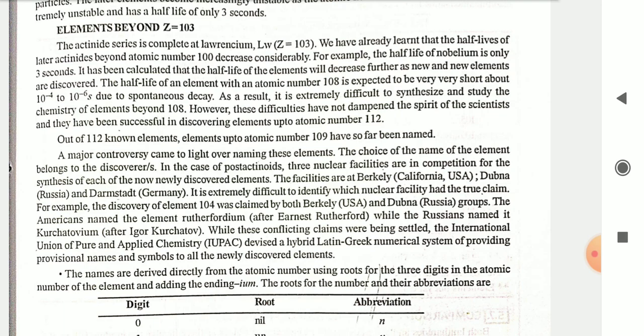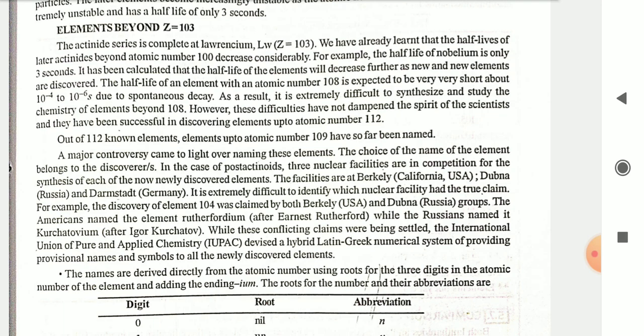The half-life of an element with atomic number 108 is expected to be very short, about 10 to the power minus 4 to 10 to the power minus 6 second, due to spontaneous decay. As a result, it is extremely difficult to synthesize and study the chemistry of elements beyond 108.